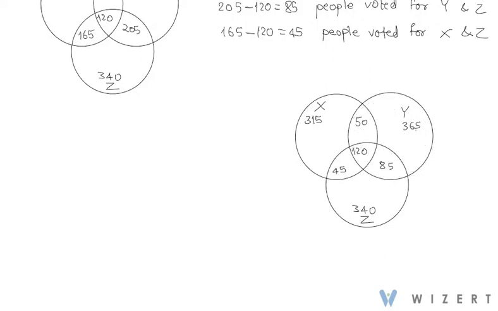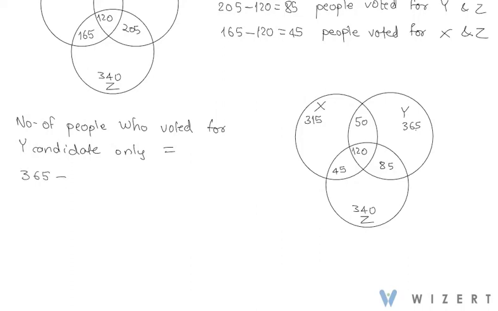So let's see, the number of people who voted for candidate Y only is given by 365 minus 50 minus 120 minus 85.